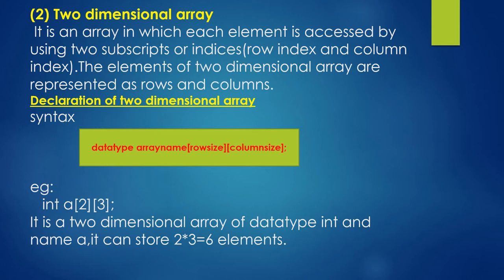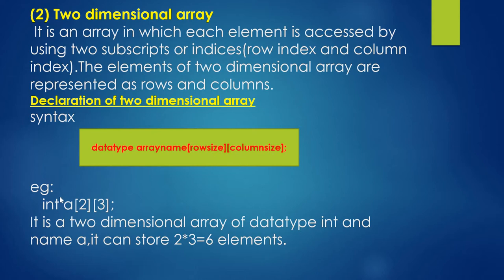That is, the elements are stored as rows and columns. Now the declaration of the two-dimensional array. This is the syntax for the declaration: data type, then array name, row size and column size. We have to specify both row size and column size.